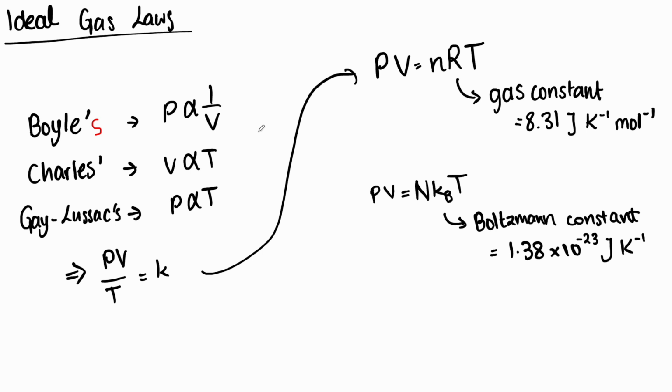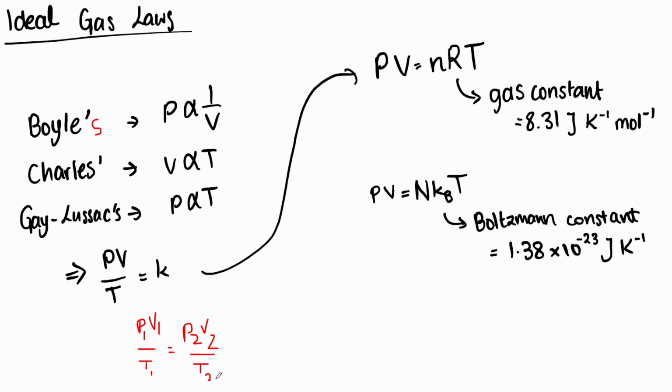Now, if we combine all those 3 together, we get PV over T is a constant, which is sometimes also written as P1 V1 over T1 is equal to P2 V2 over T2.